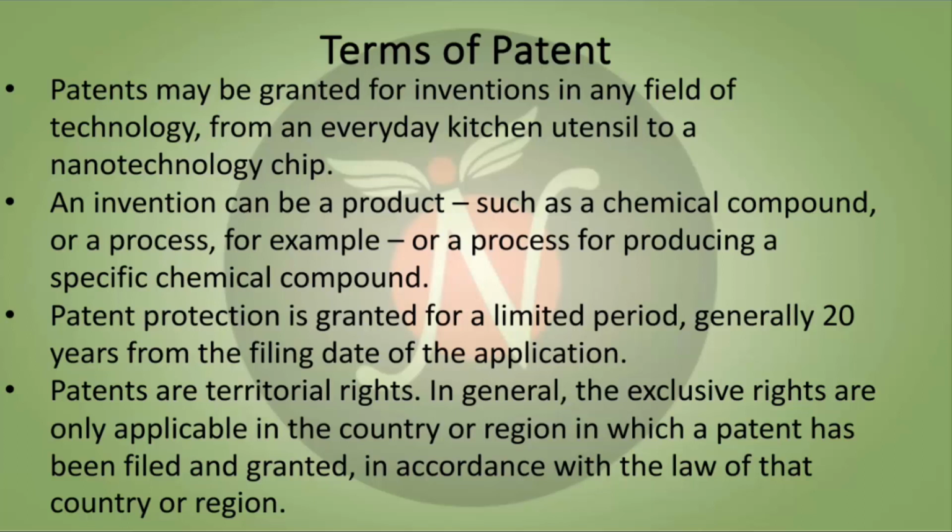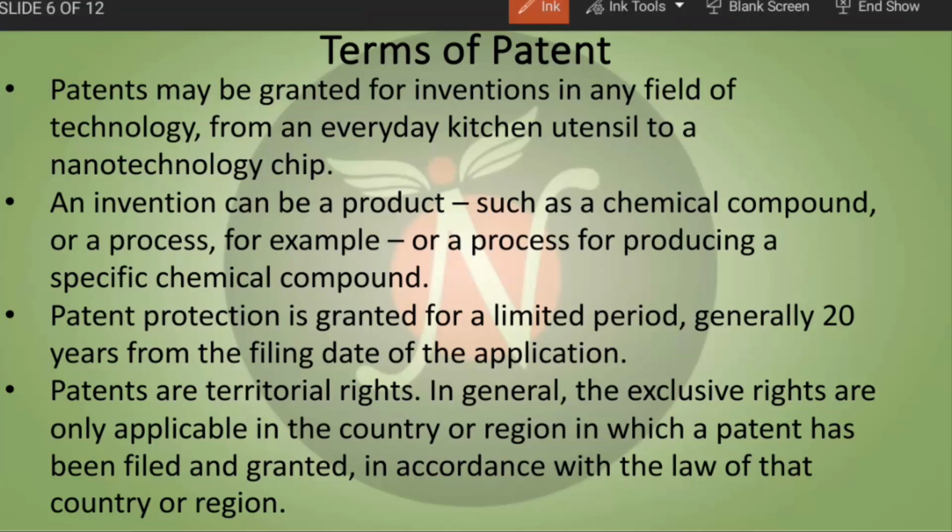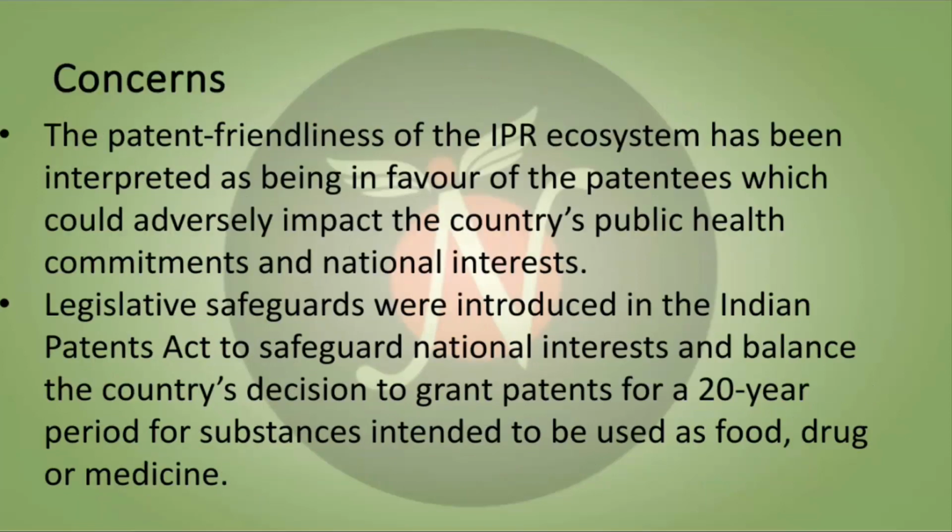Patent protection is granted for a limited period only, generally 20 years from the filing date of the application. Remember the tenure. Patents are territorial rights. In general, exclusive rights are only applicable in the country or region in which a patent has been filed and granted in accordance with the law of that country or region.